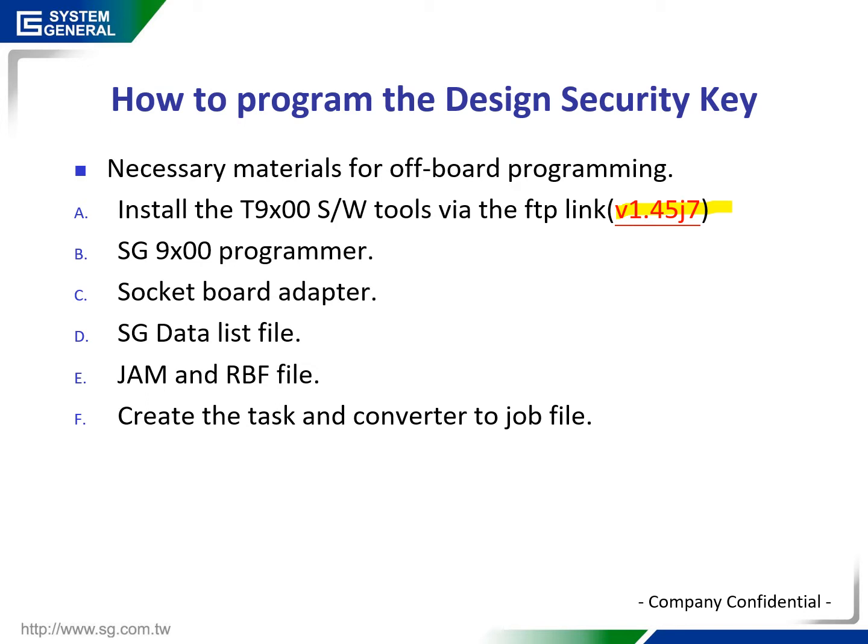Besides the socket board and the programmer, you also need to prepare the SG data file list, the JAM and RBF file that is necessary, and the key program file to program the design security key. And finally, you can create a task file, then convert the task file to a job file for mass production.